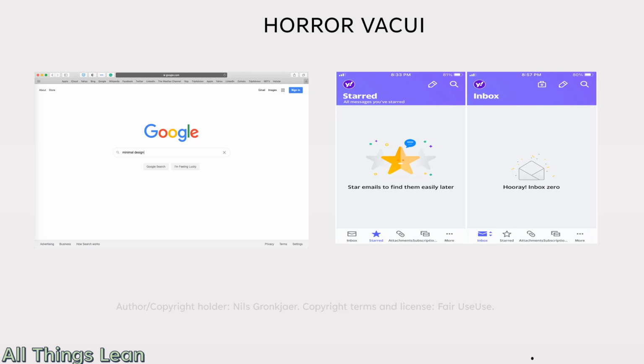Horror vacui. The concept of horror vacui, or the fear of emptiness, was coined in the Victorian era, around 1837 to 1901. At the time, white space in art and design was looked down upon, and artists feared leaving any space empty.